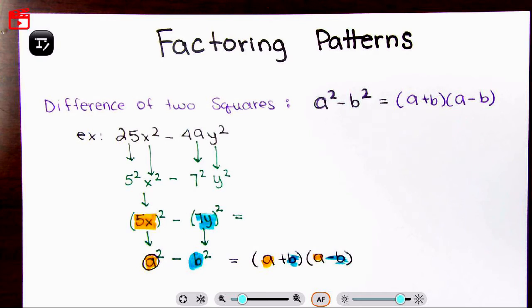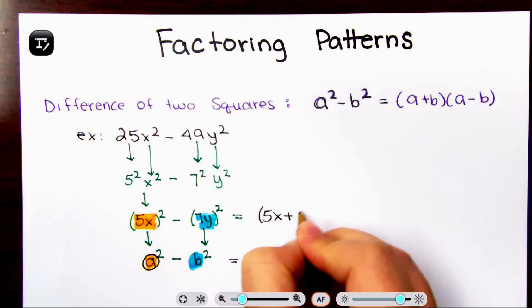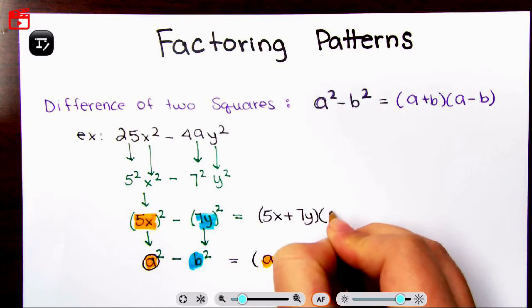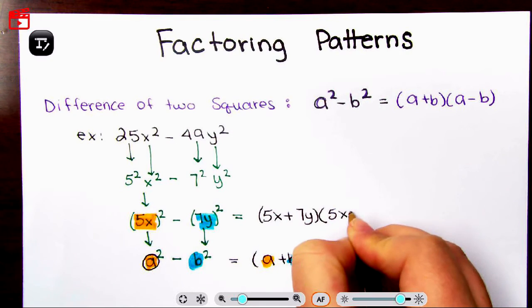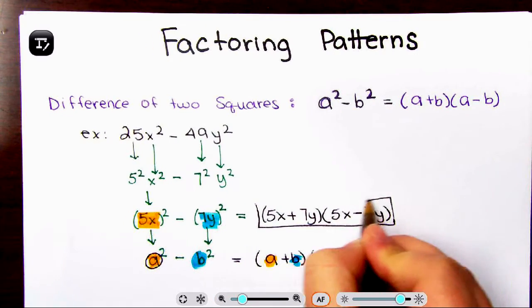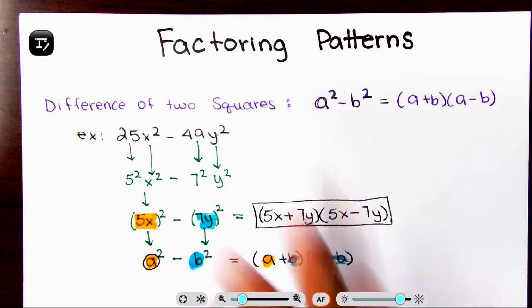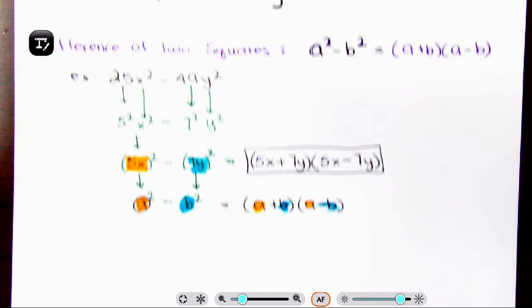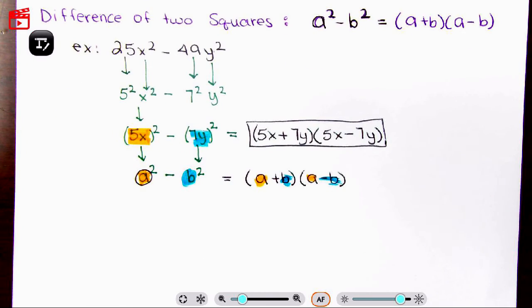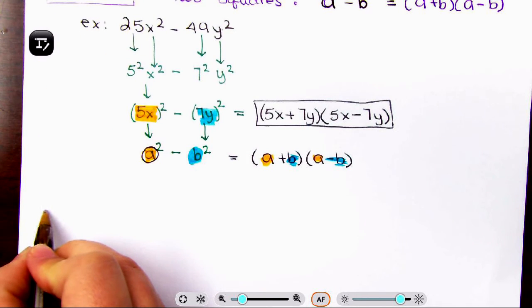So let's do that. a is 5x plus b is 7y, times a is 5x minus b is 7y. And this is your factored form. If you were to multiply this out, this would be your answer. But again, we're working backwards with factoring. Now we're going to talk about the square of a sum.